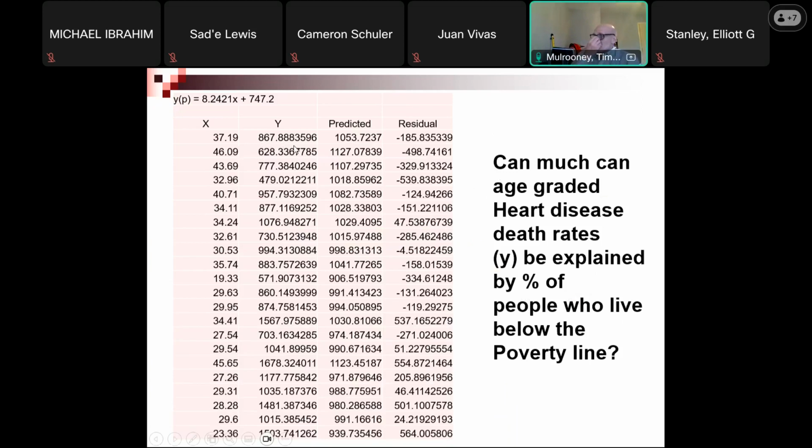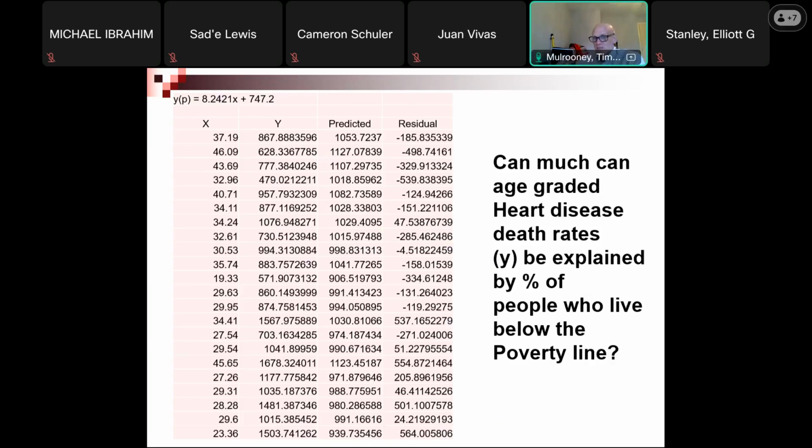Maybe it has something to do with poverty or income or derivations of that, because poverty is based on a couple of factors, which are location and number of people in your household, and it can be explained by heart disease. And we can make null hypotheses attached to these as well.